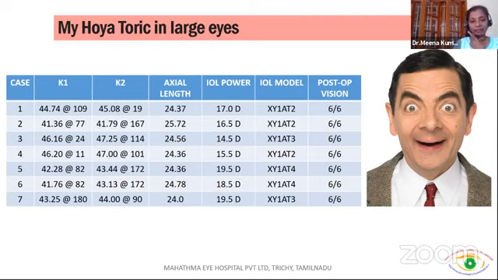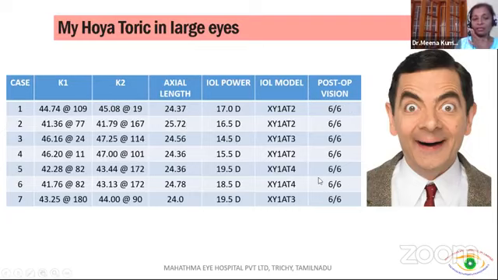But in my series, this is 1 month post-op among the 51 eyes, the 7 eyes above 24 millimeters of axial length of these IOL powers. The maximum axial length was 25.72. And all the patients, 1 month post-op, were 6/6 without glasses and happy.